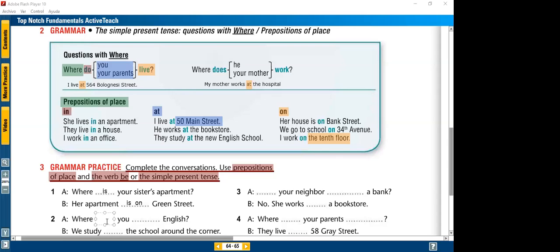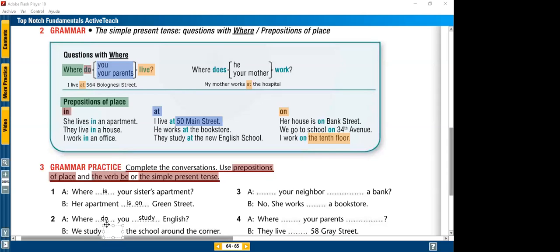The correct answer is where do you study English? Yes, study, that's for sure. Y ¿cómo sé que es study? Well, in the answer, ¿no? En la respuesta a la pregunta nos mencionan el verbo, ¿no? Where do you study English?